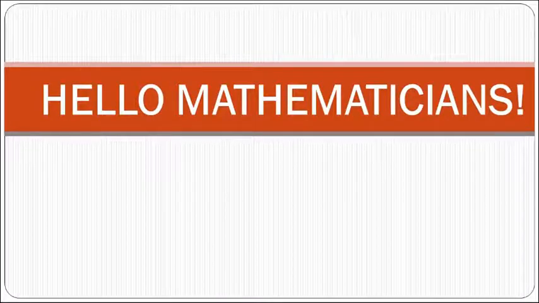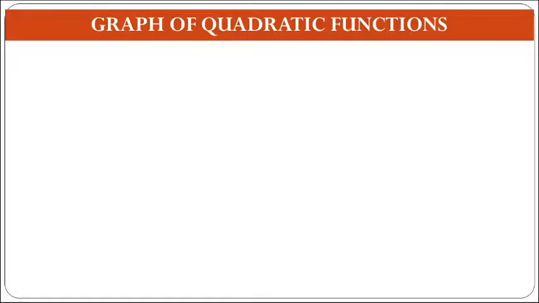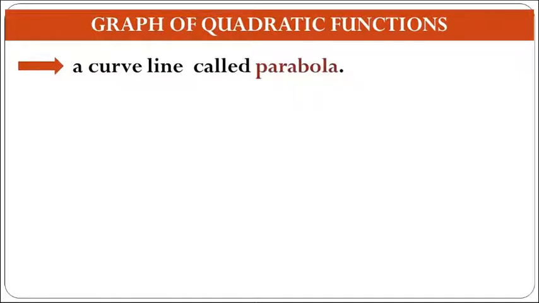So in today's video, ang tatalakayin natin ay graph of quadratic function. The graph of a quadratic function is a curved line and it is called a parabola. Thus, the quadratic function is also called parabolic function.